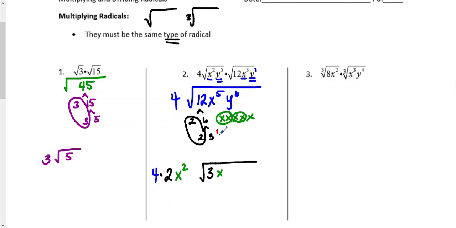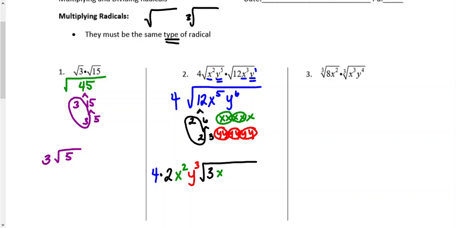Then we have 6 y's. So I'm going to draw 6 y's out. Square root means I need 2 of the same. So y's are coming out. How many groups? I have 3 groups. No y's need to stay underneath.